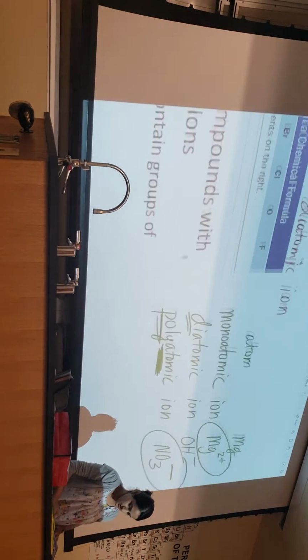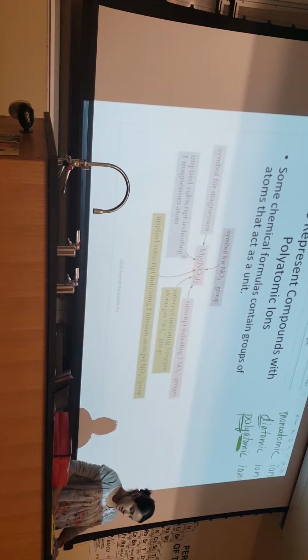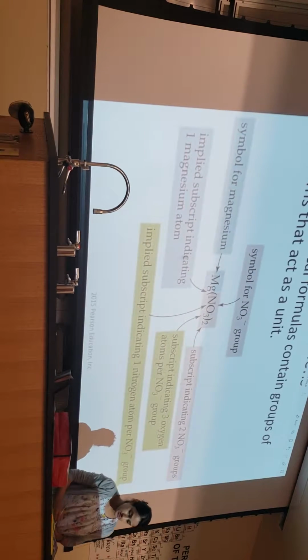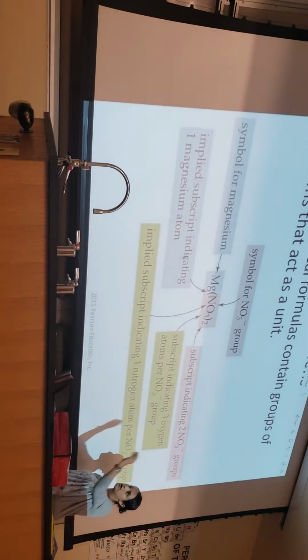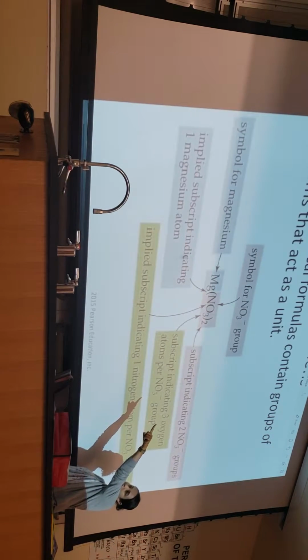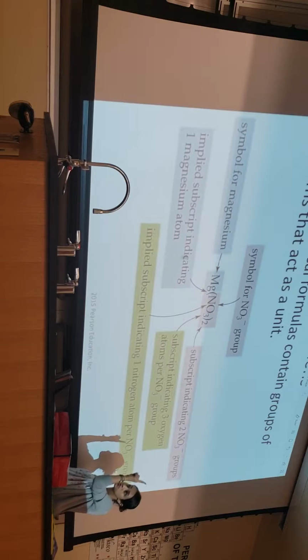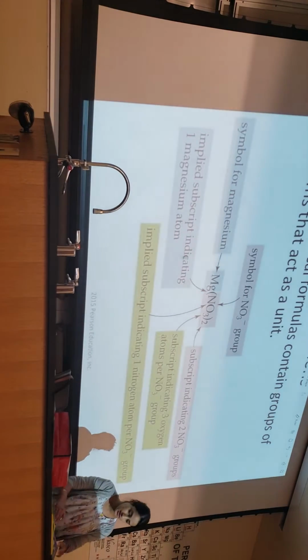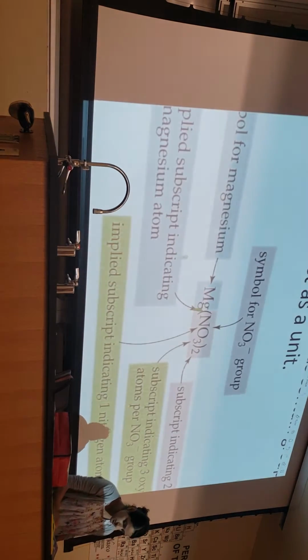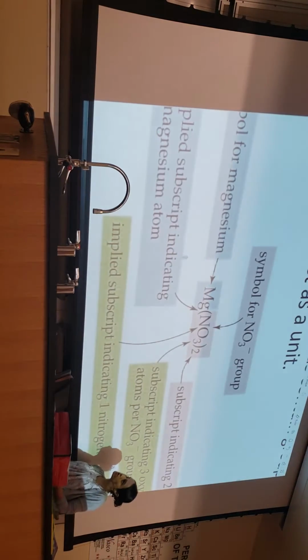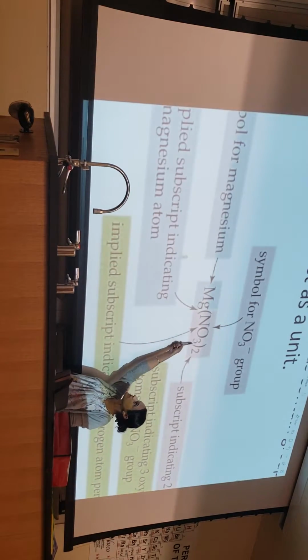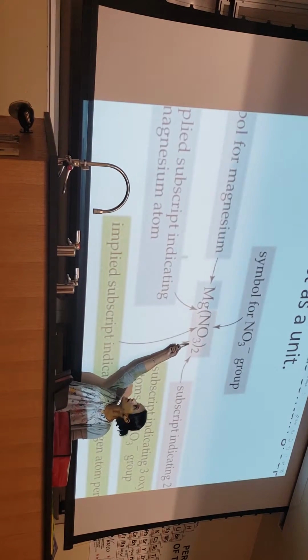So you'll see that. Now, when you look at this, notice how the formula is written. You have magnesium. How many magnesium atoms? Just one, because notice there's nothing indicated there. There's a 1 there, but we don't indicate that. Now, notice how they're looking at this nitrate ion.